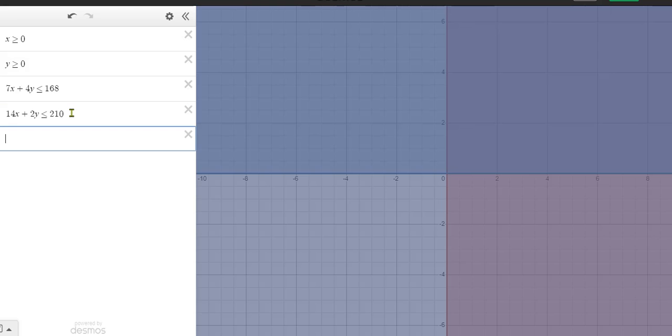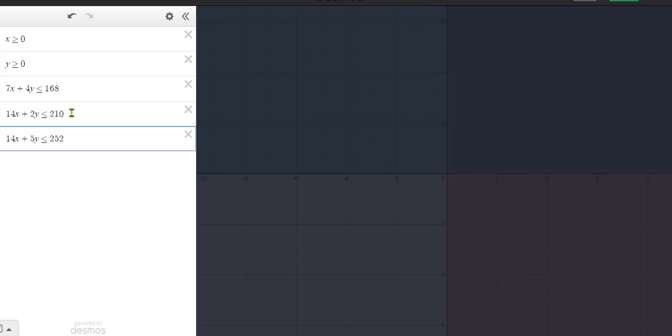And then finally I have 14x plus 5y less than or equal to 252. Now the beauty of Desmos is I can actually enter these inequalities as is. I don't have to solve, say, for y, so that saves us a lot of work.